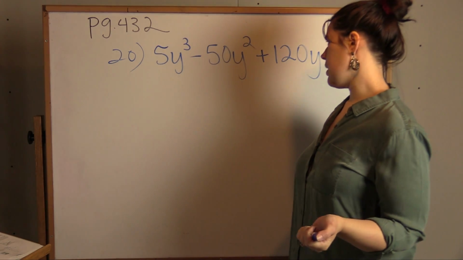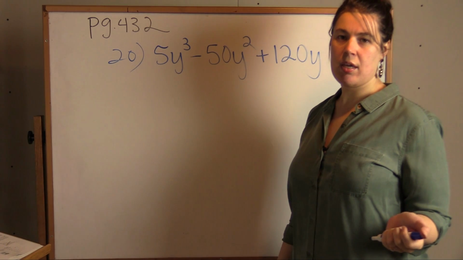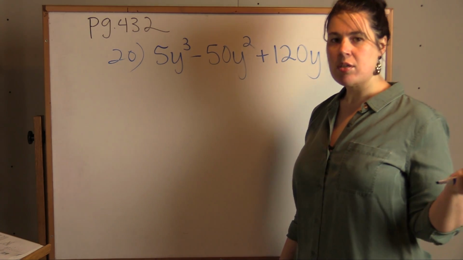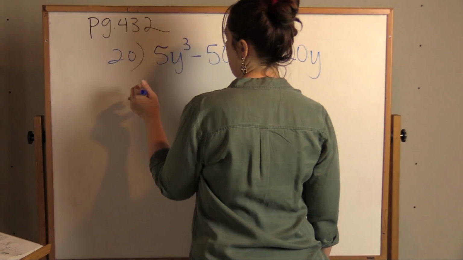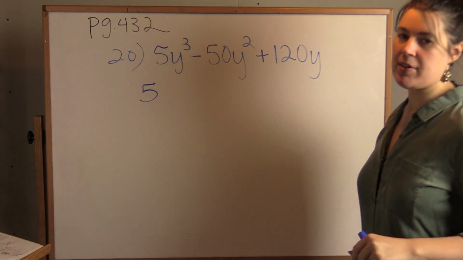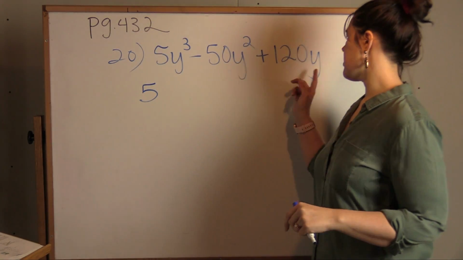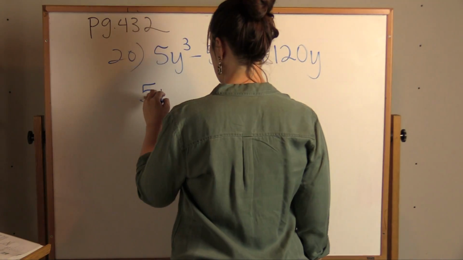So what I'm noticing here is that 5, 50, and 120 are all divisible by 5. So I need to factor out a 5, okay? So I'm going to write 5. Now, I'm going to look at my variables. I have a y to the third, a y to the second, and a y. They all have y, so I need to remove y.